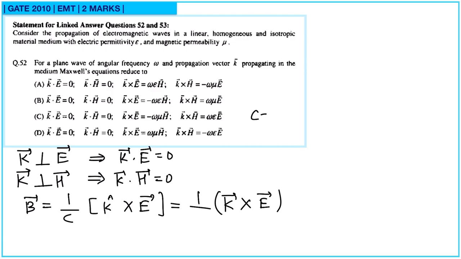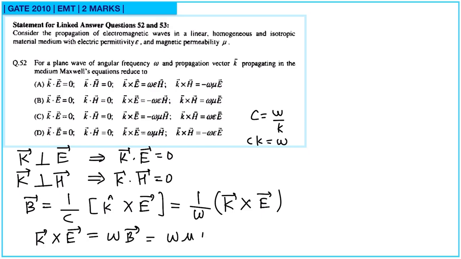But we know c is equal to omega by k, so ck is equal to omega. So from here we can write k bar cross E bar is equal to omega into B bar, which is omega into mu into H bar. So this option, omega into mu into H bar, is correct. So option D is correct.